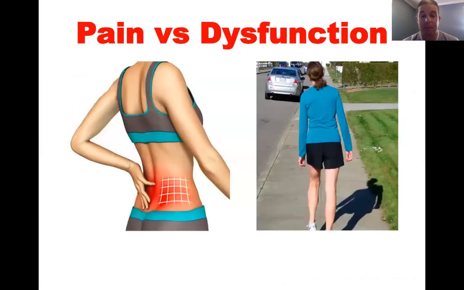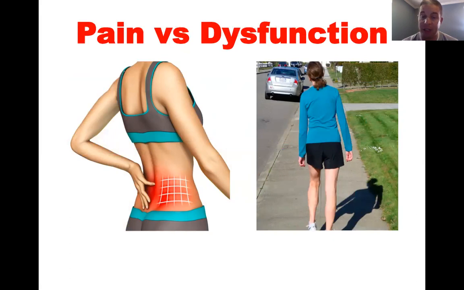When we talk about pain, we need to distinguish, is it pain or is it dysfunction? Pain, as I said, can come from multiple different sources. Dysfunction could be a behavior such as a gait pattern that is off, that has been reinforced for years and years. Dysfunction may be a limitation that is now causing a compensation to create alterations in their movement.